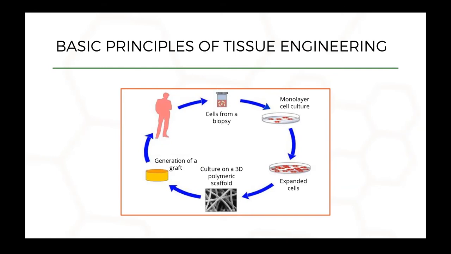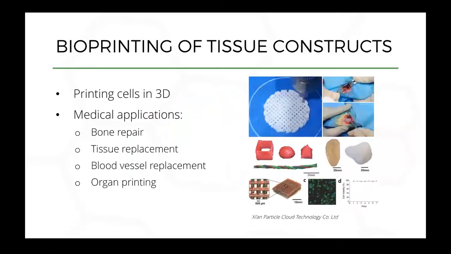And once you're able to get a sufficient number of cells, you can then put that in a 3D scaffold material and create a graft for replacement. A great example of that would be a bone graft, where the patient may have a severe bone injury and loss of bone tissue, and tissue engineering would be an ideal approach to replace this tissue and help the patient regenerate as well.